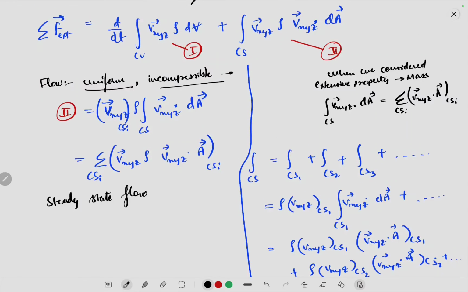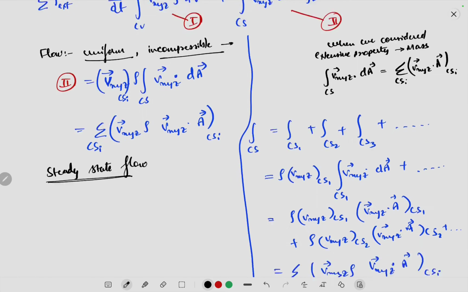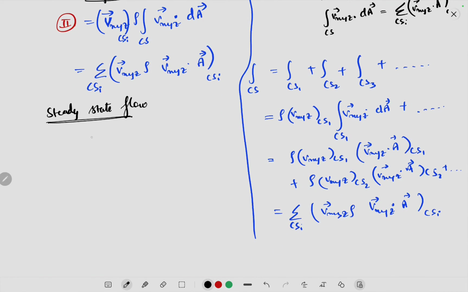Now let's say the third assumption that you have considered is the flow is steady. So if the flow is steady, del u by del t at particular coordinate xyz is 0, and also del rho by del t at particular xyz is 0.